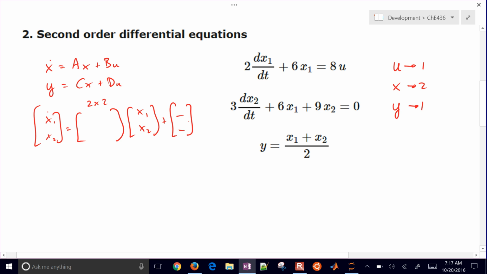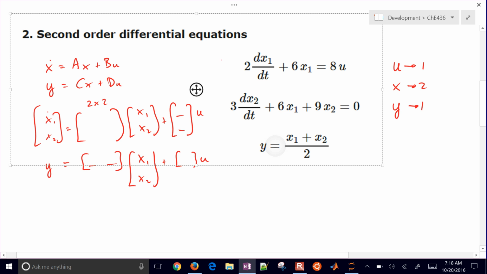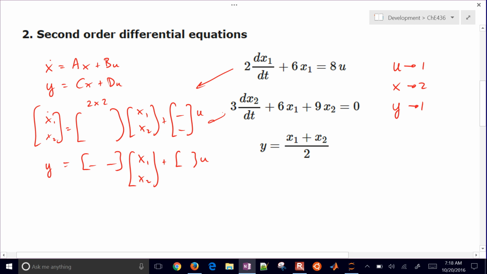So I'm going to have two values right there times my u, and then I have my y is going to be a p by n, and so this is going to be a 1 by 2. So I'm going to have 2 values right there times x1 and x2 plus just a single value there times u. Okay, so there's my state space form.